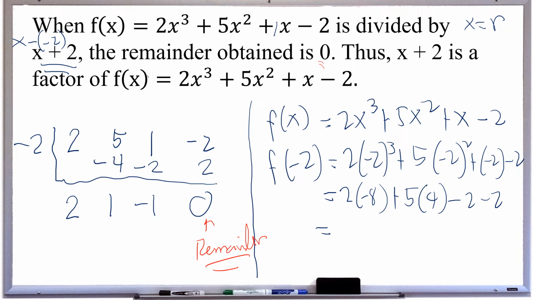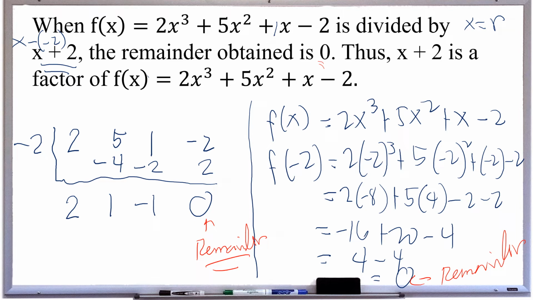2 times negative 8 is negative 16. 5 times 4 is 20. And negative 2 minus 2 is negative 4. Negative 16 plus 20 is positive 4. Then minus 4. Therefore, f of negative 2 is 0. This is also the remainder. So from this example, in both methods, the remainder is 0.